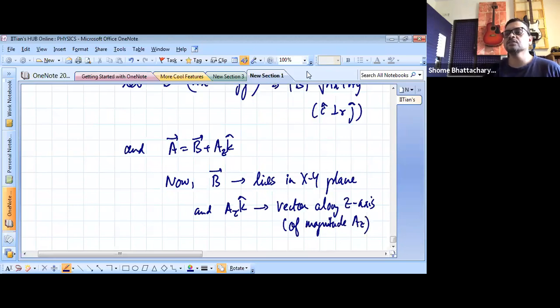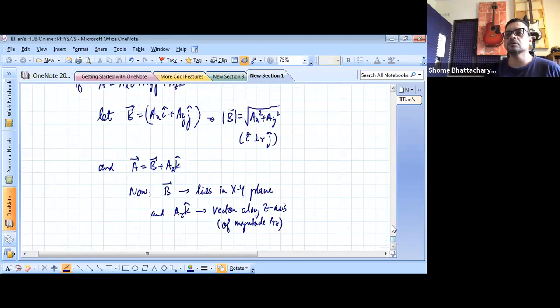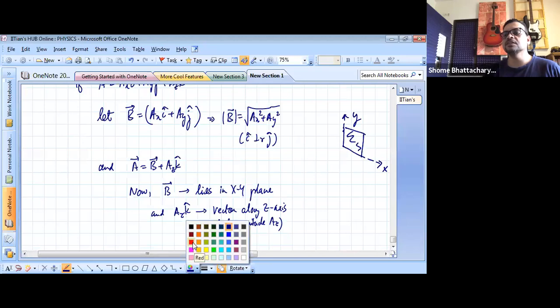What is the direction of this Az k cap? It is perpendicular to that wall, along the z-axis. If this was the wall in front of you, this is your x-axis and this is your y-axis, so vector B is lying somewhere on this wall.